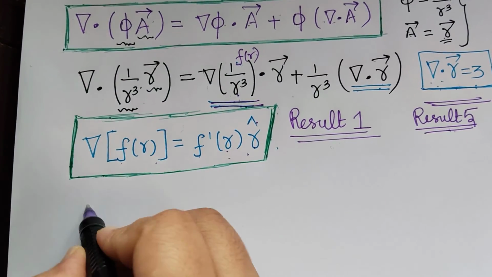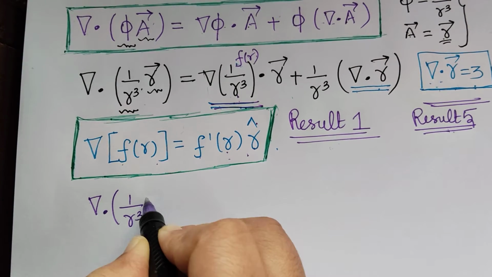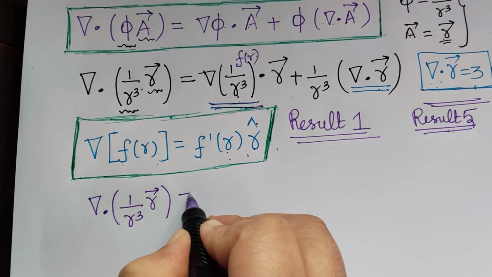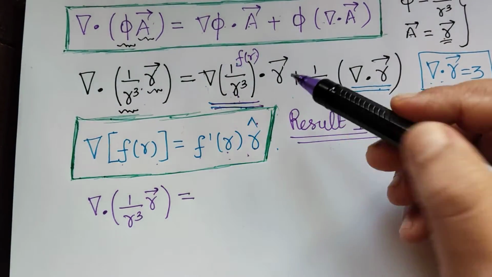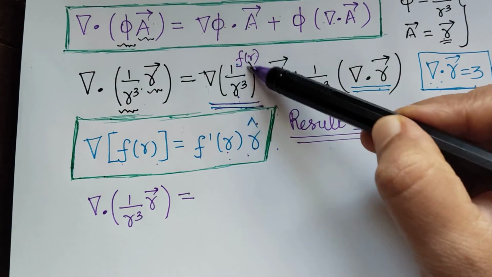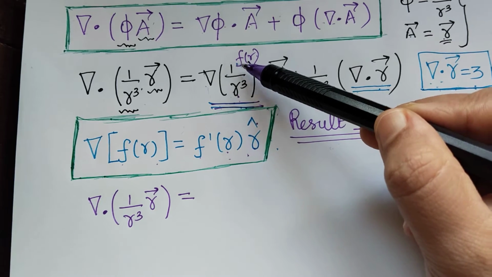Let us apply this here. On the left we have nabla dot 1 by r cube r vector, which is equal to, now nabla f of r is, first we have to write f dash of r, that is differentiation of 1 by r cube. 1 by r cube can be written as r to the power minus 3.